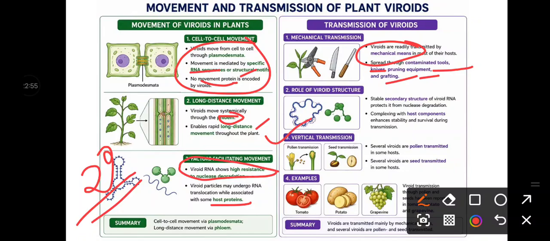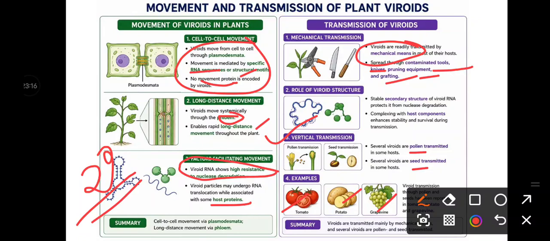But in some cases vertical transmission is also observed. Like some viroids are pollen and seed transmitted, as observed in tomato, potato and grapevines. So this transmission is affected by both the structure of the viroid as well as host components.